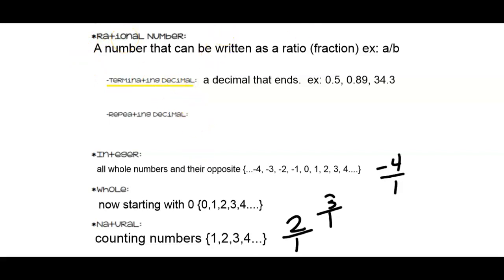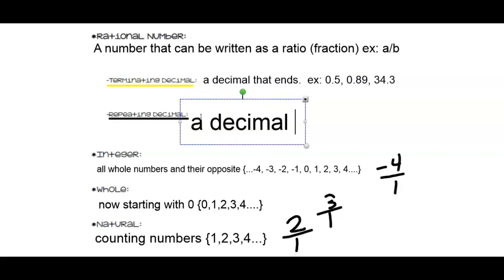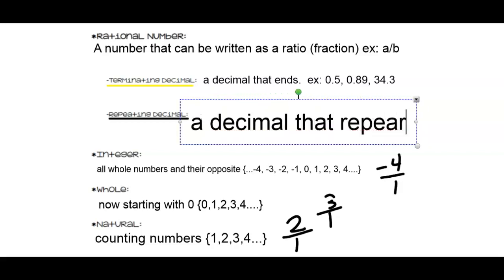The last one we need to talk about is repeating decimals. And these are the decimals that you should also, again, know about, but they may just be something that we need to refresh your memory on. So a repeating decimal is actually going to be the opposite of terminating, and it's just a decimal that repeats indefinitely.